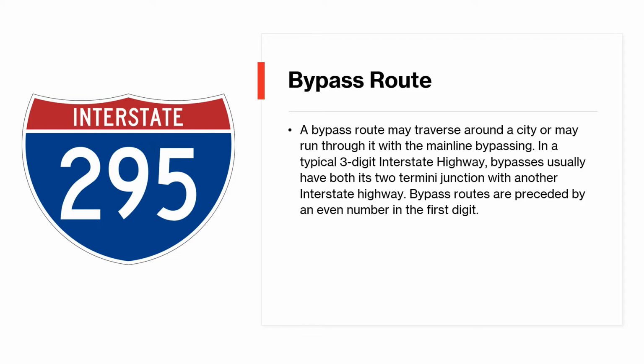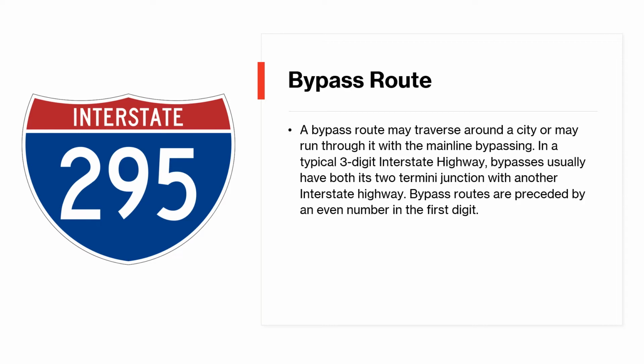Another case might be 475 in Georgia, where the southern end is just south of Macon and the northern end is just north of Macon. Those are two of the examples I have. I know there are other examples out there.